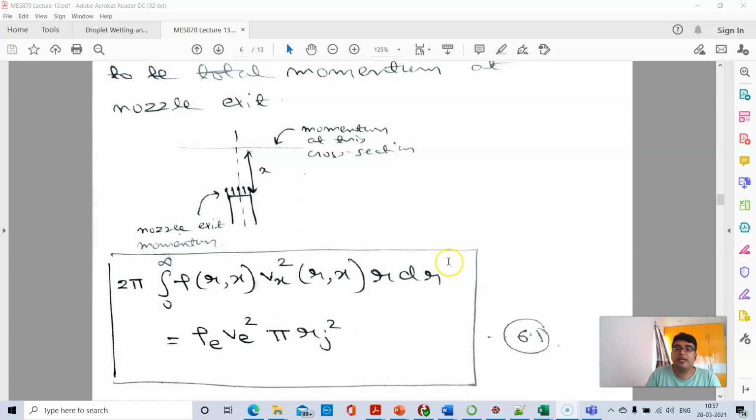So 2 pi r dr is a differential volume across the entire theta direction, and you multiply it by rho into Vx square, where Vx is the x component of velocity at that given location.